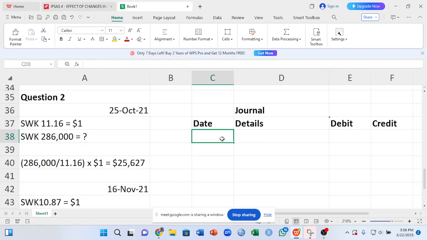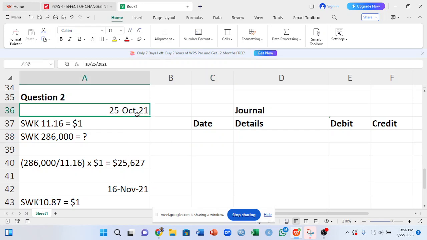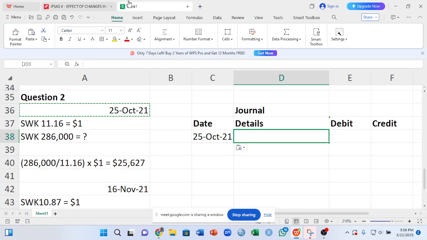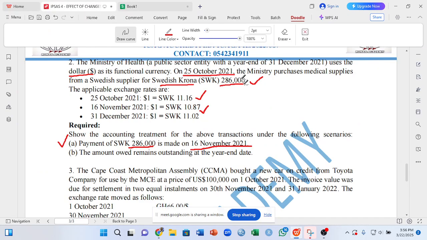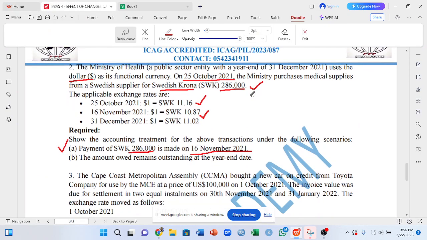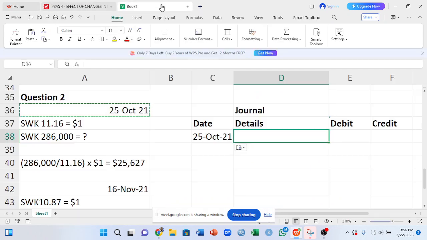On 25th, we purchased an item of inventory, medical supplies, to form part of our purchases.